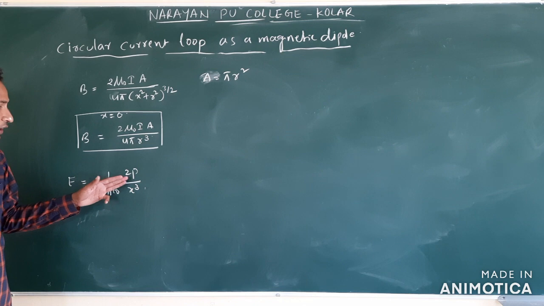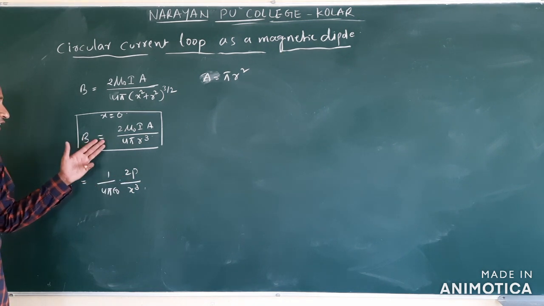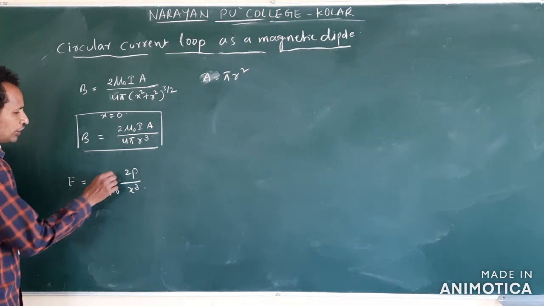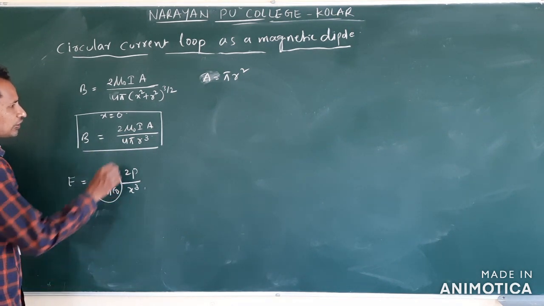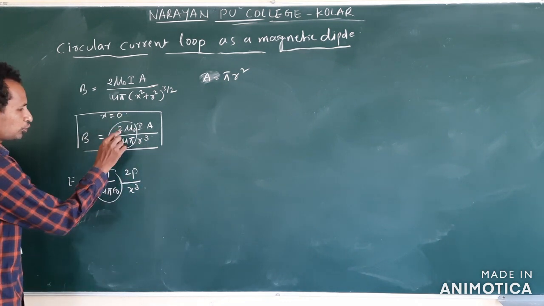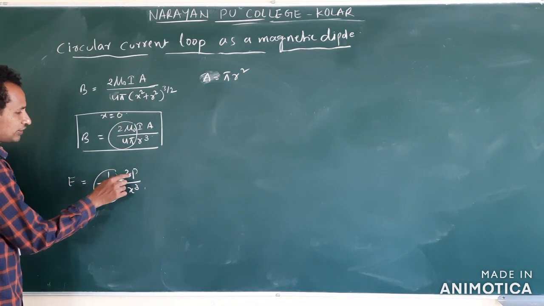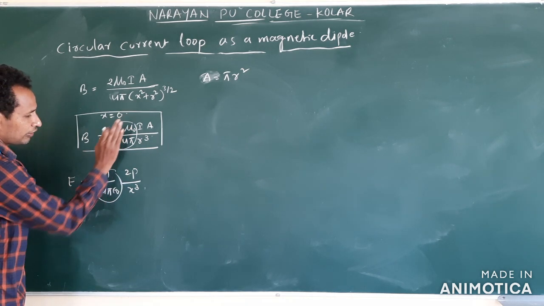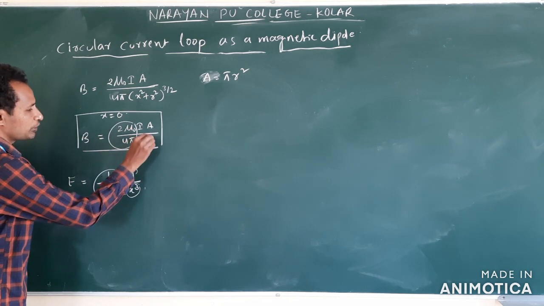Same. For this short dipole, and this is the magnetic field of the circular loop. If you compare these two equations, 1 by 4 pi epsilon naught is constant; here mu naught by 4 pi is constant. 2 is as it is. Clear? x cube, r cube is there.